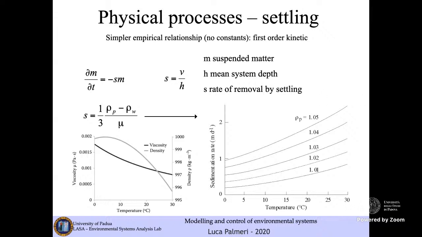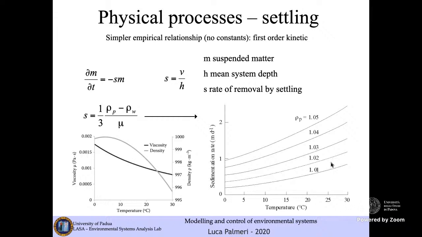The increase changes in terms of the different densities of the particle. So, for example, for particles with higher density, you may employ this part of the graph, the higher part, but the overall effect is that in case of temperature increase, you will have an increase in settling velocity.